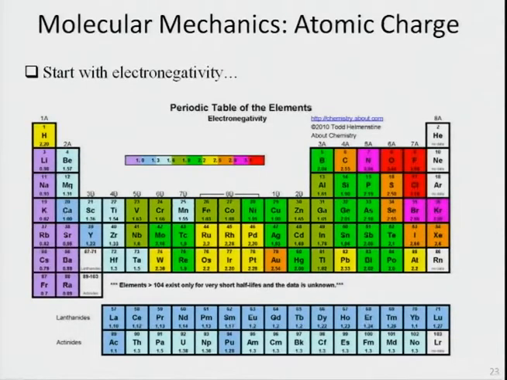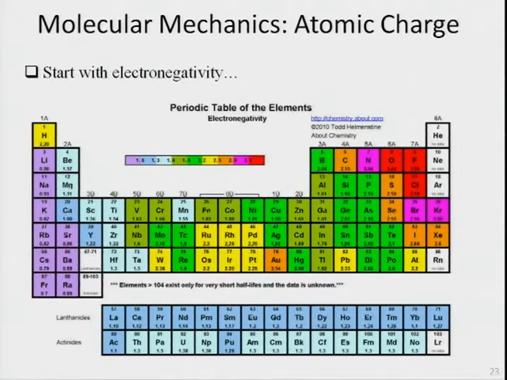So where do the charges come from? First of all, we have to start with electronegativity. As you all remember from general chemistry, hopefully, electronegativity is the ability, or how much an atom actually wants an electron.